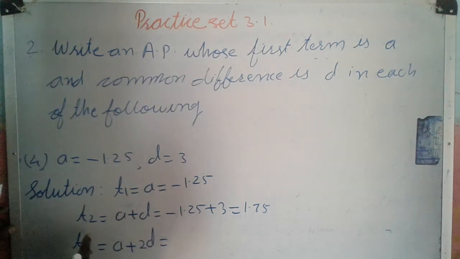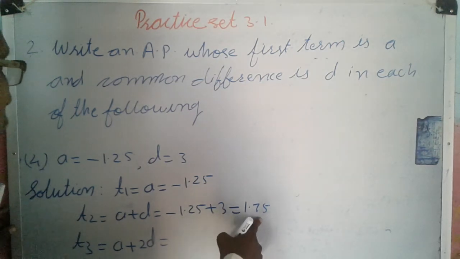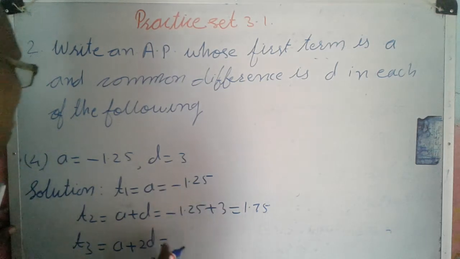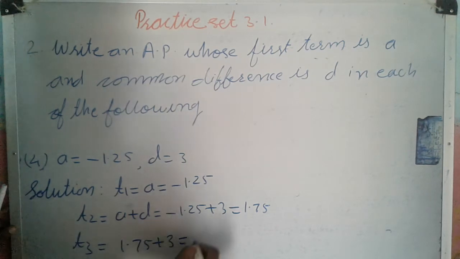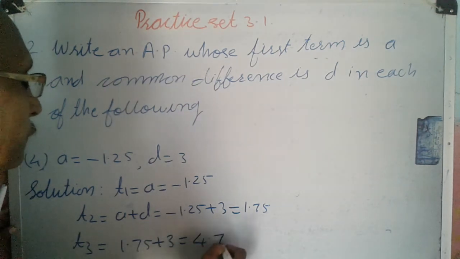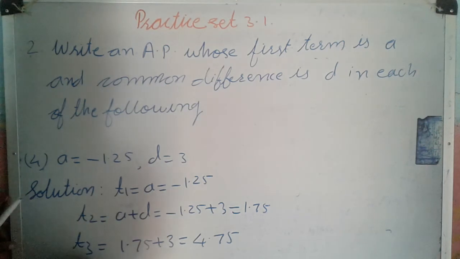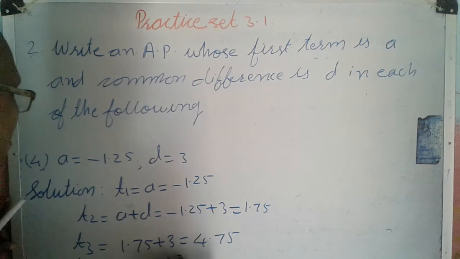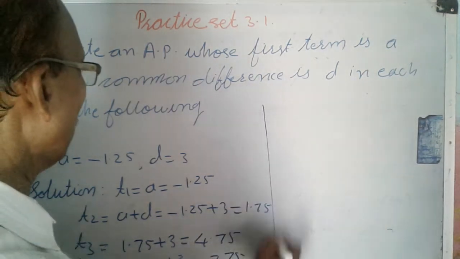Or you can directly take this second term, 1.75, add common difference here, you will get 4.75. And you can get T4, 4.75 plus 3, 7.75.